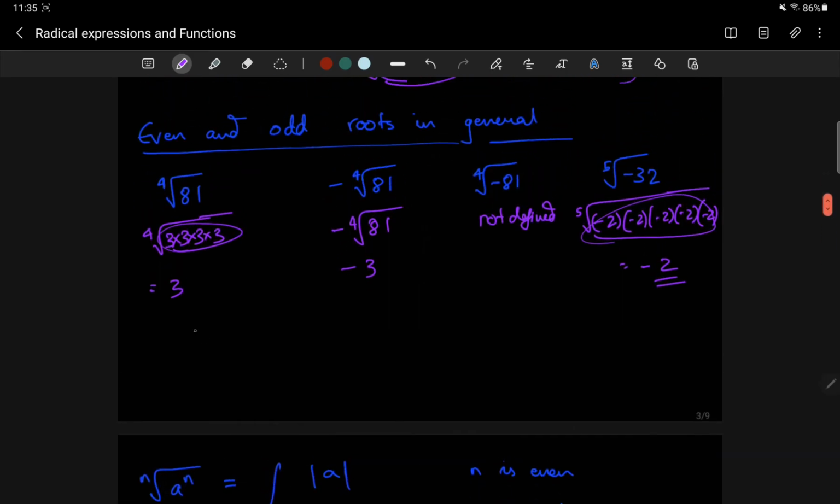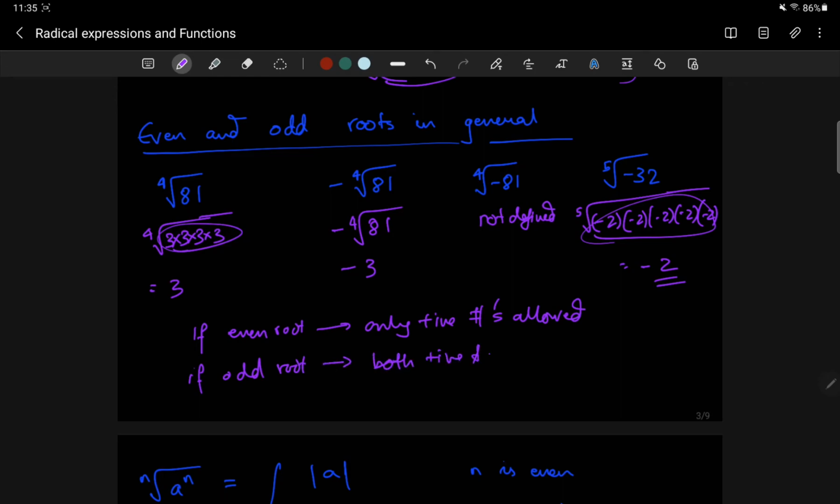So basically the conclusion is, if even root, only positive numbers allowed. If odd root, then both positive and negative numbers allowed.